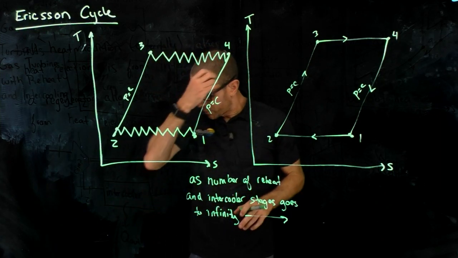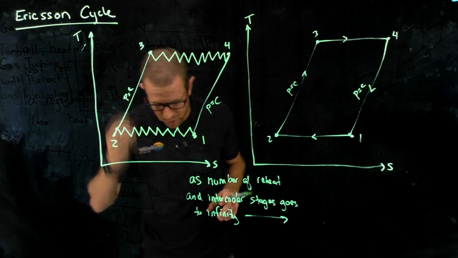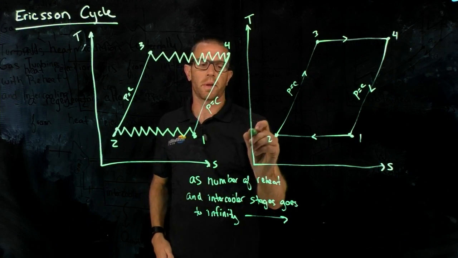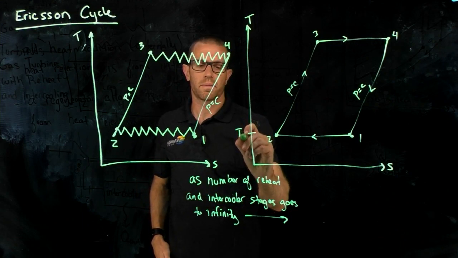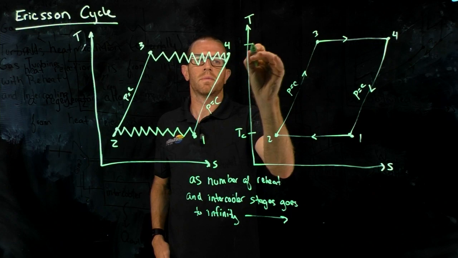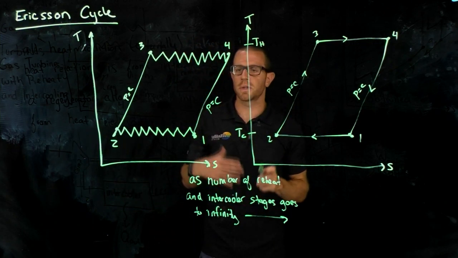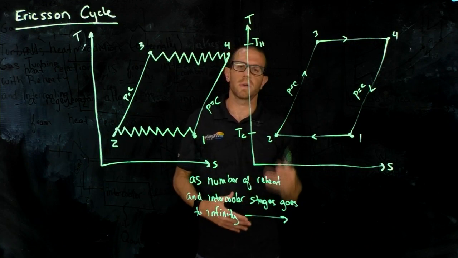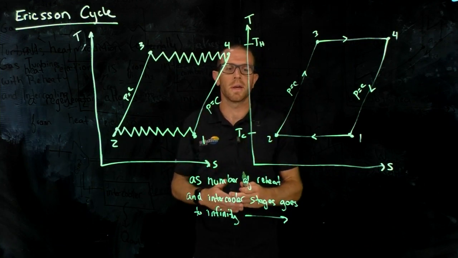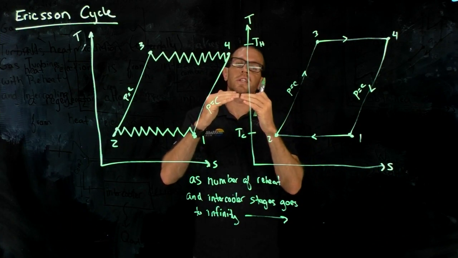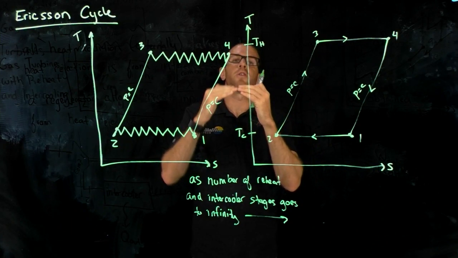So, for an Ericsson cycle, all irreversibilities are presumed absent since all heat is transferred isothermally. So essentially what I've done is I've increased the number of intercoolers and reheaters to such a degree that the change in each compressor is minute.